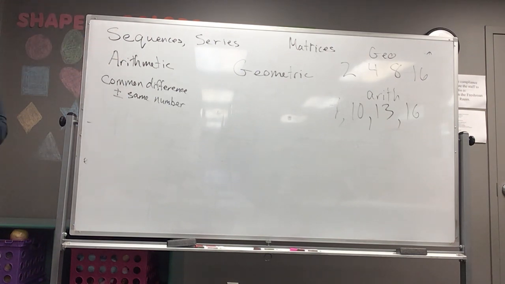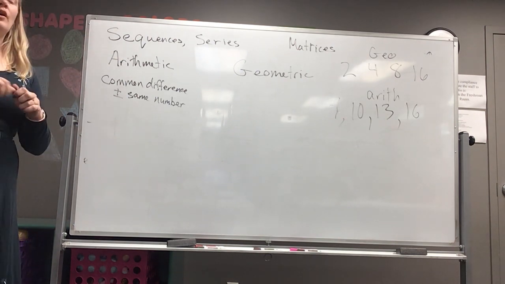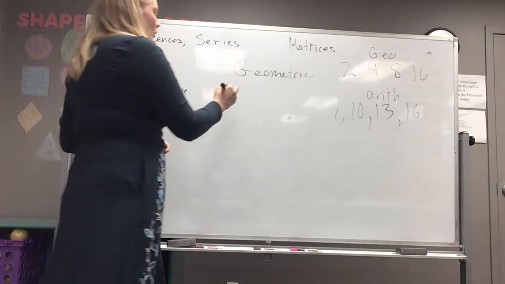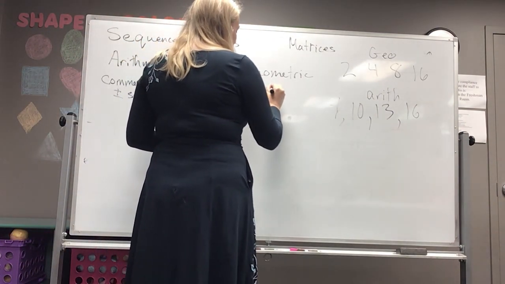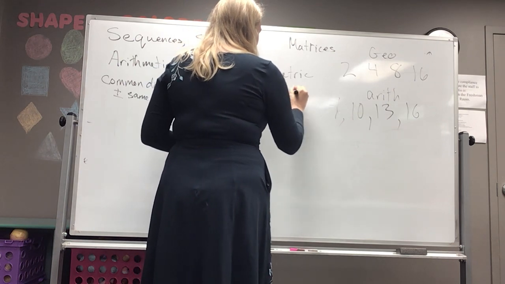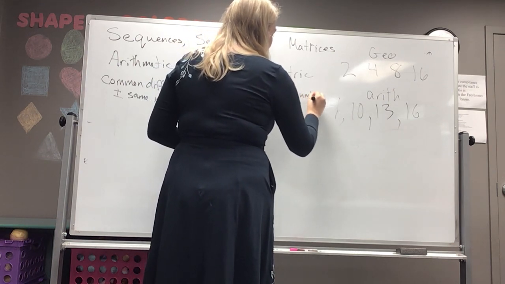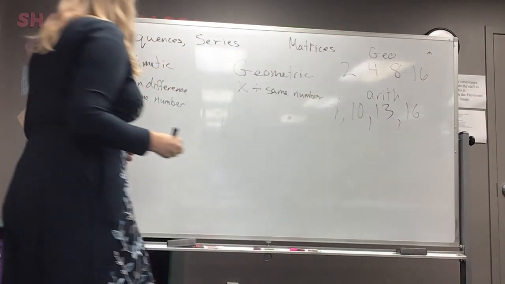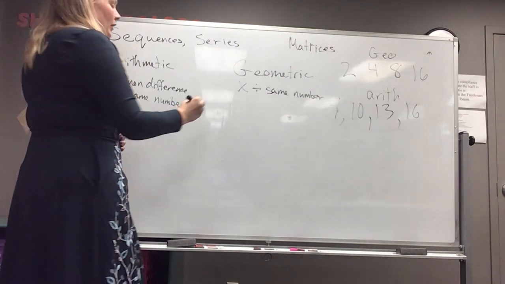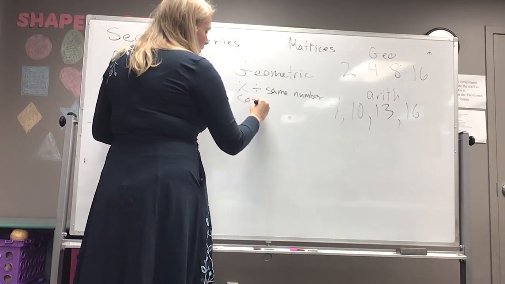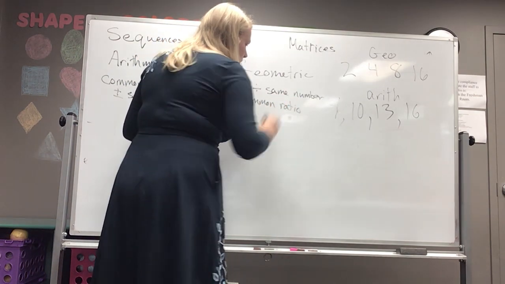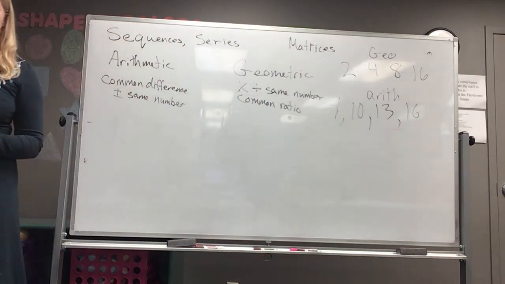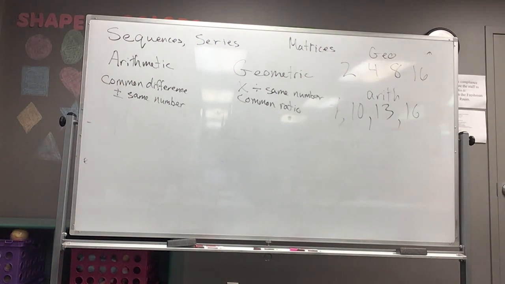Versus the geometric sequence, we are going to multiply or divide by the same number. This is called the common ratio. So again, I'm not huge on vocabulary for vocabulary's sake.